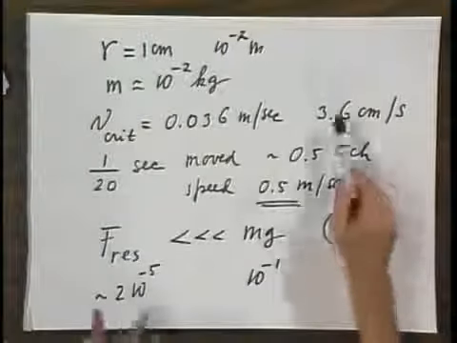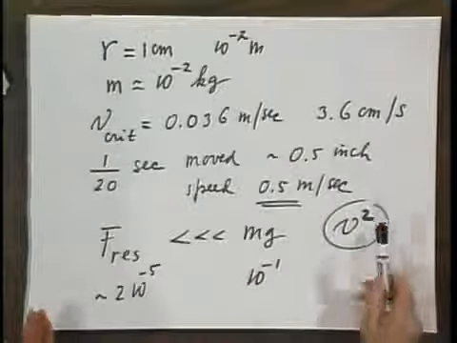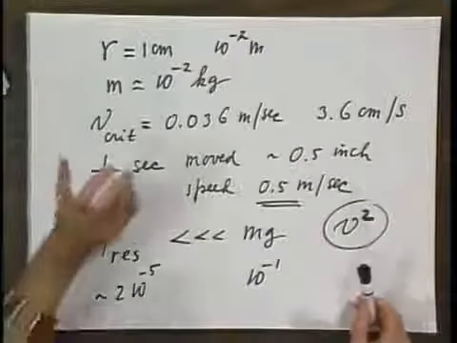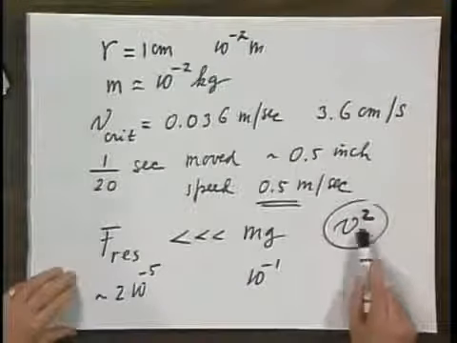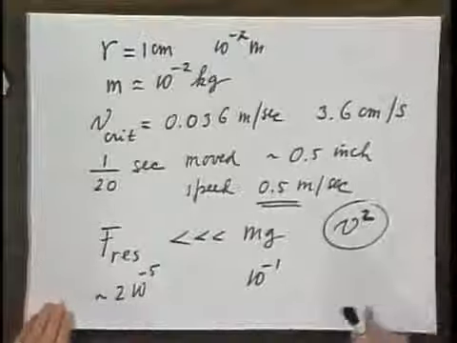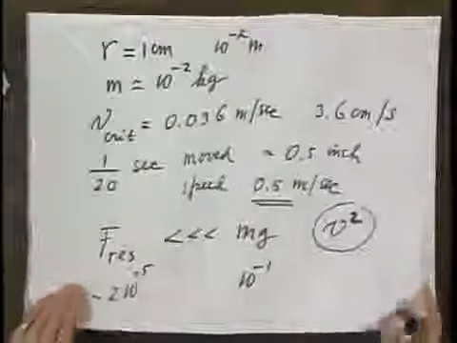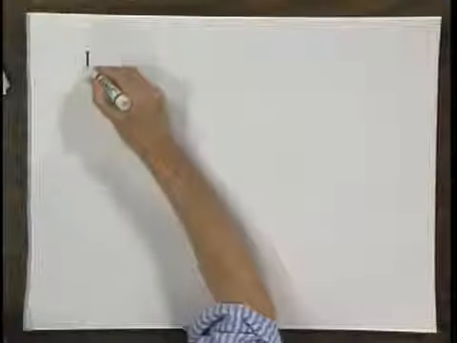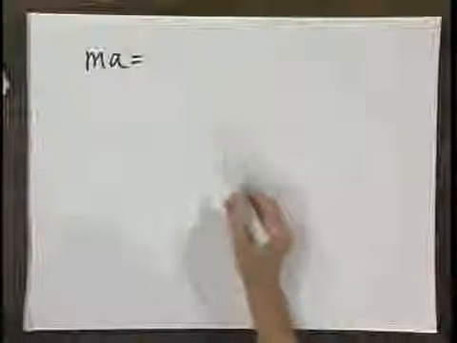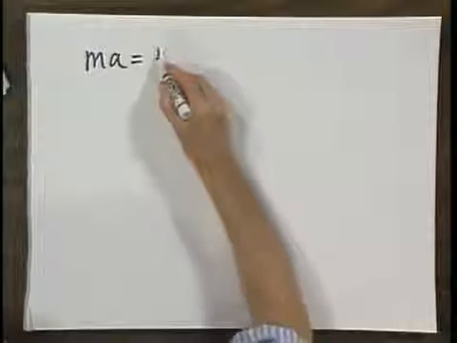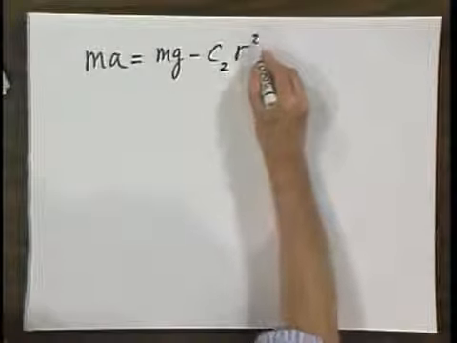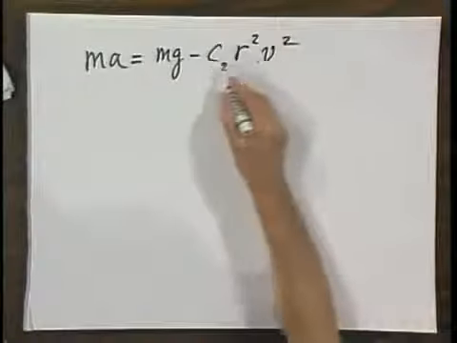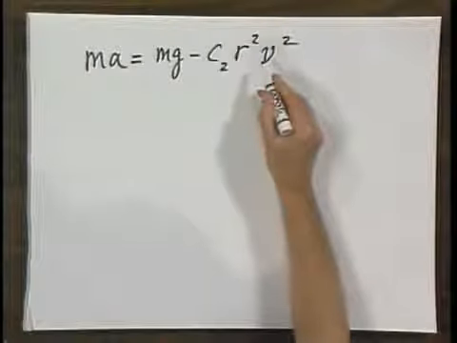So, for all practical purposes, we can just assume that the entire motion, apart from the very, very beginning, is dictated by the resistive force, which is proportional to v squared. And so the acceleration that we will see for the pebble, F equals ma, equals mg minus c2 r squared v squared. So I only have here the v squared term.